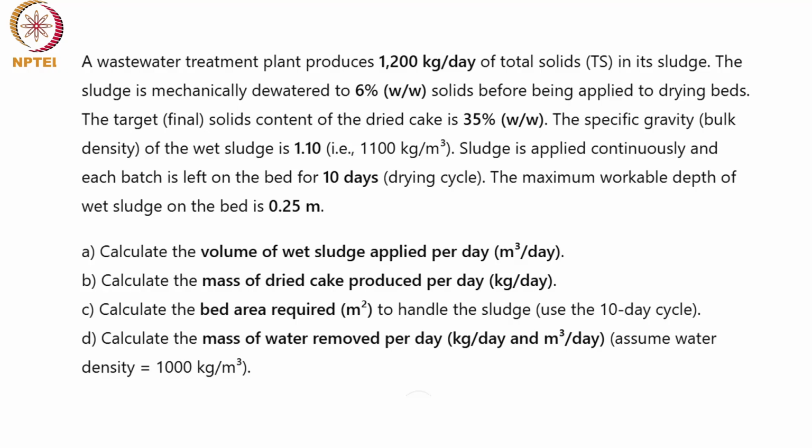The specific gravity, that is the bulk density of the wet sludge, is 1.1, or 1100 kg per meter cube. Sludge is applied continuously and each batch is left on for a 10-day drying cycle.